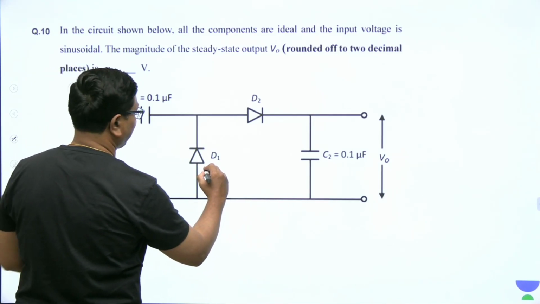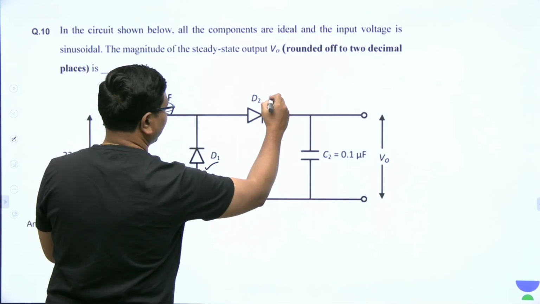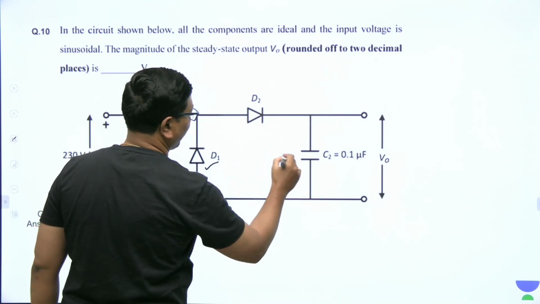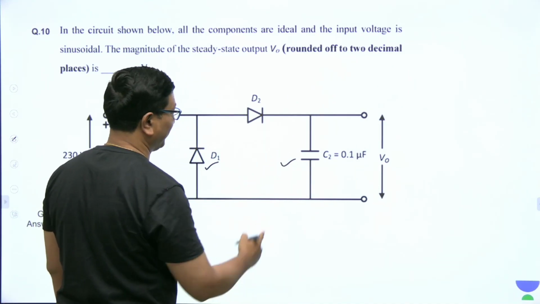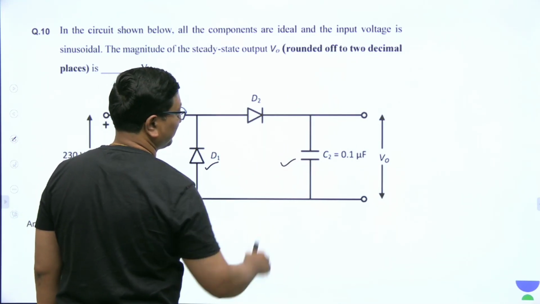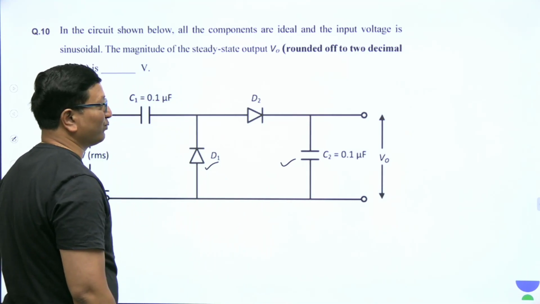So D1 acts like a positive clamper, D2 acts like a negative clamper. So what about the voltage across the capacitor C2? The capacitor C2 will charge up to 2 Vm.